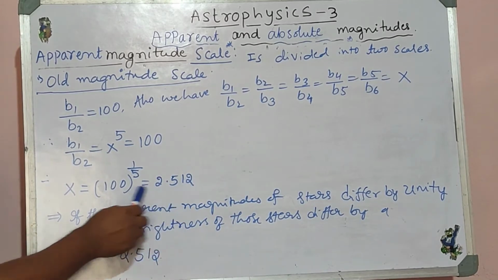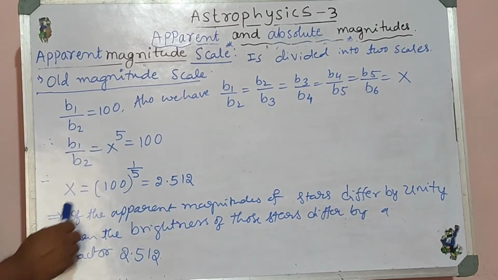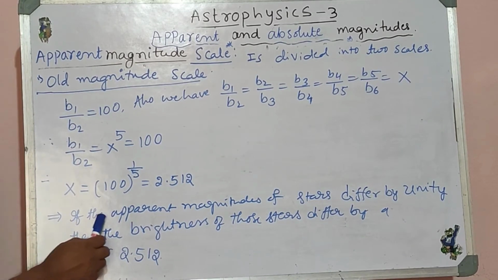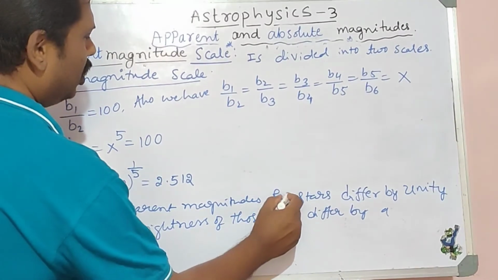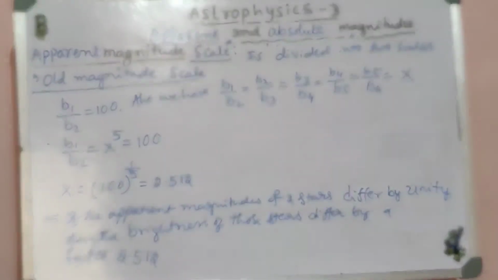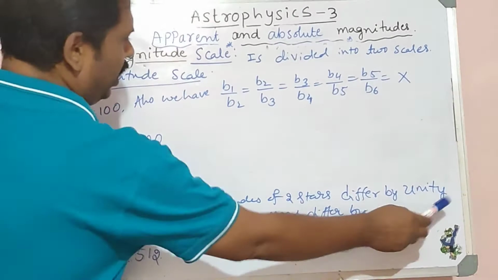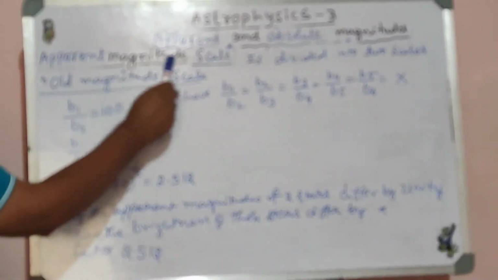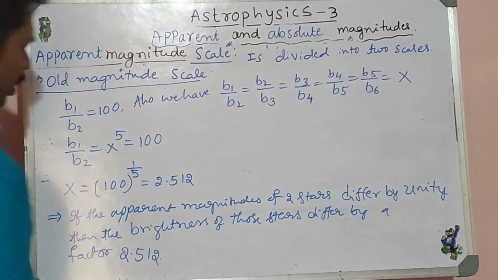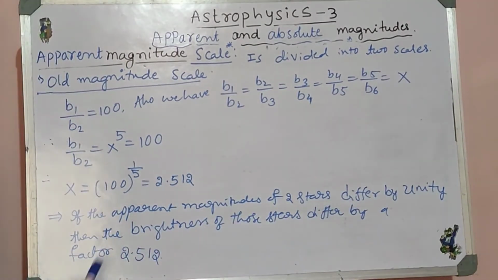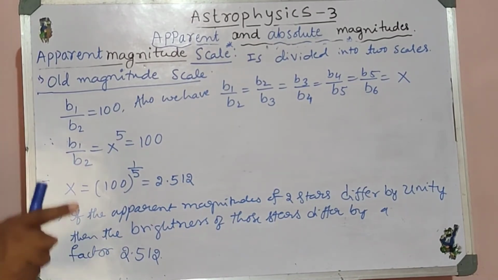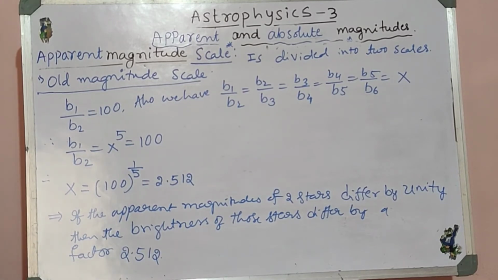Therefore, from this derivation, we can say that if the apparent magnitudes of two stars differ by unity, then their brightness differs by a factor of 2.512.